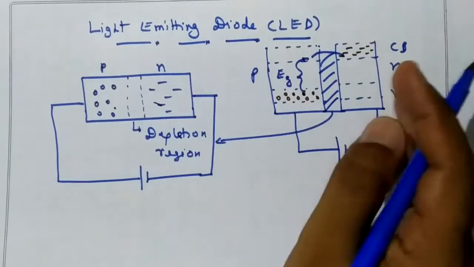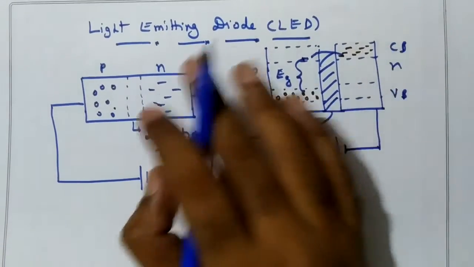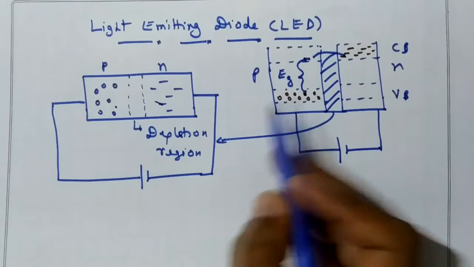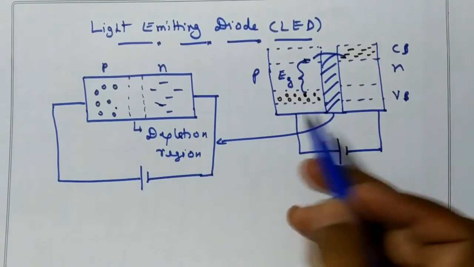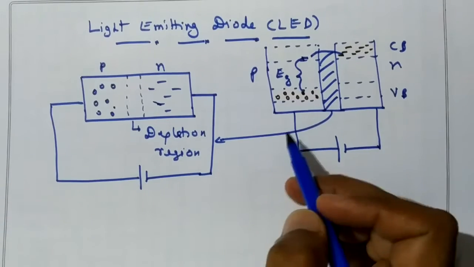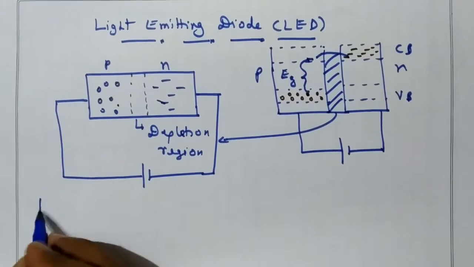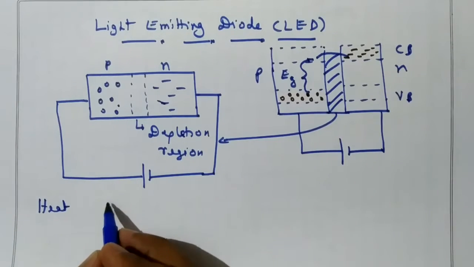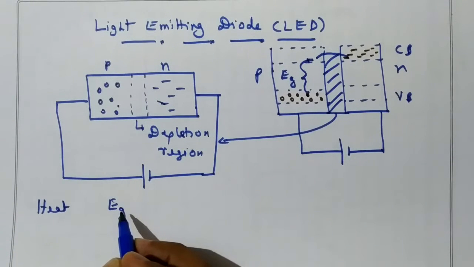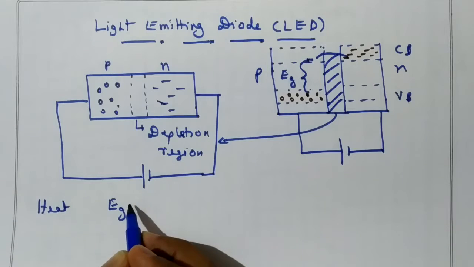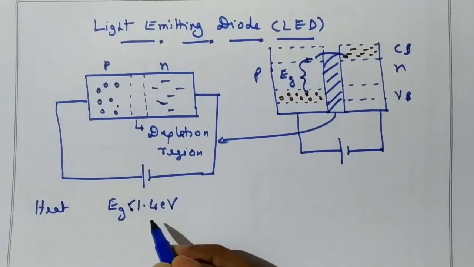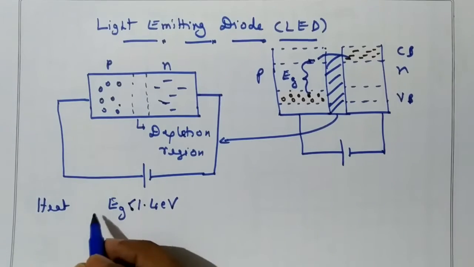Now in any diode, let it be an ordinary diode or an LED, the energy may be dissipated in three forms. One is in the form of heat. If Eg is less than 1.4 electron volt, then the energy will be dissipated in the form of heat.